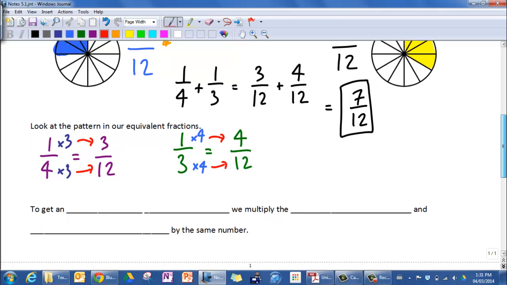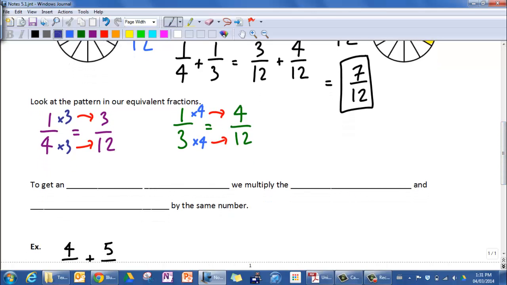So if we ever want to get an equivalent fraction, we simply multiply the numerator and the denominator by the same number. And as long as we multiply the top and bottom by the same number, our fractions are still equivalent.